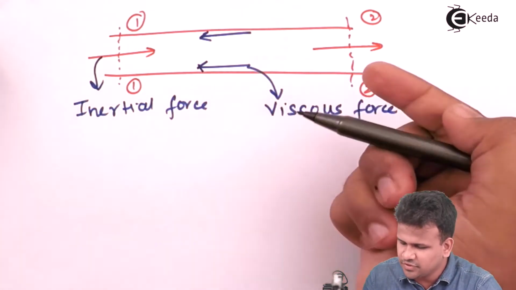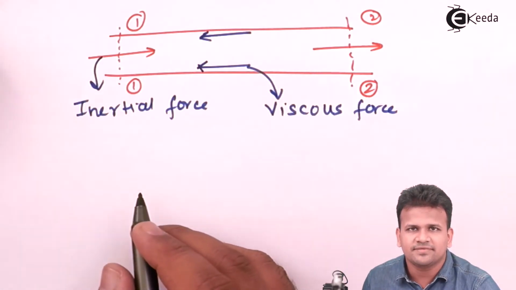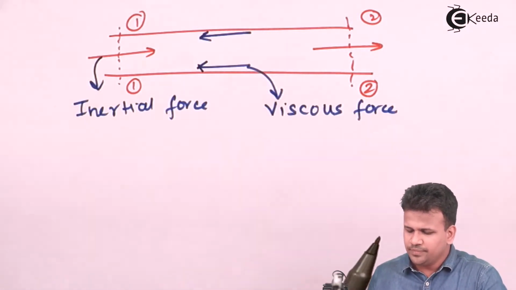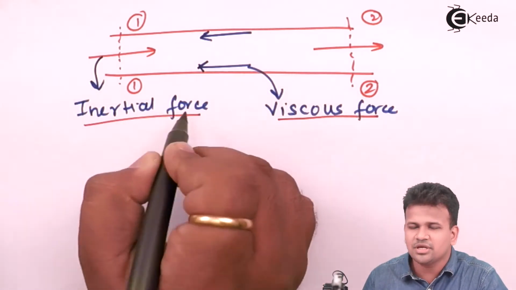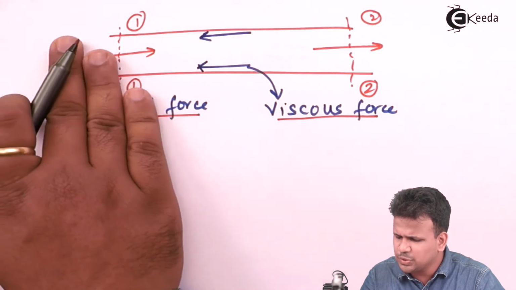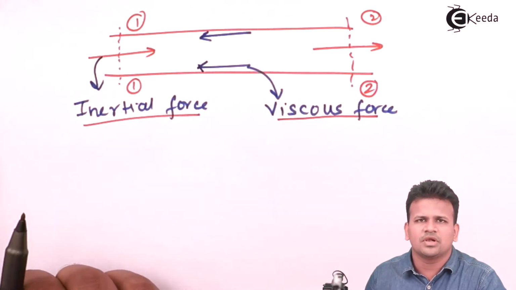So viscous force acts opposite to the direction of the inertial force. Now, in laminar flow, viscous force dominates inertial force. That means the fluid is going to go from section 1 to section 2 at a very slow velocity.